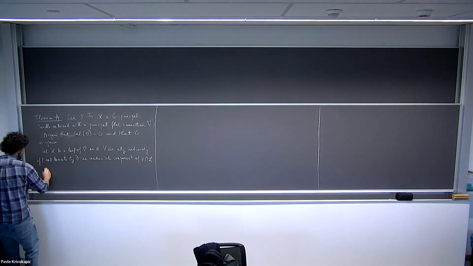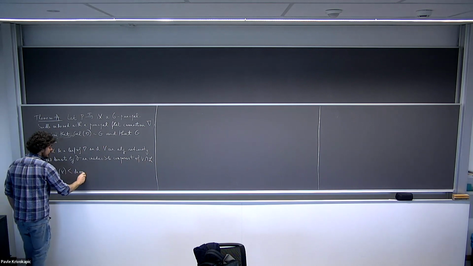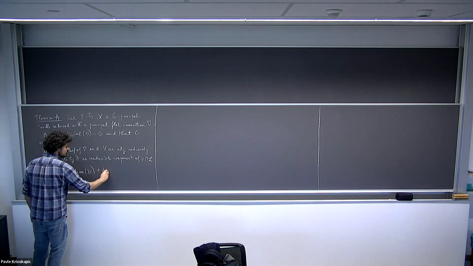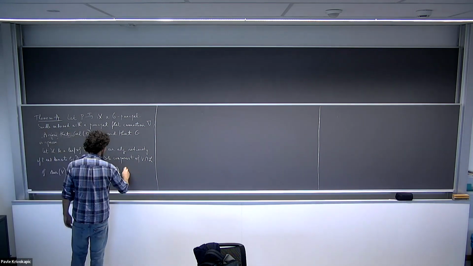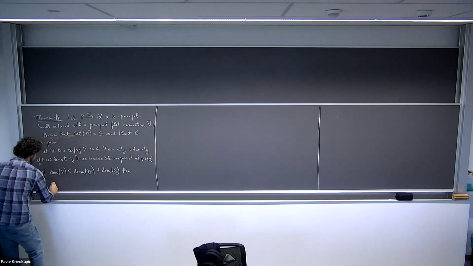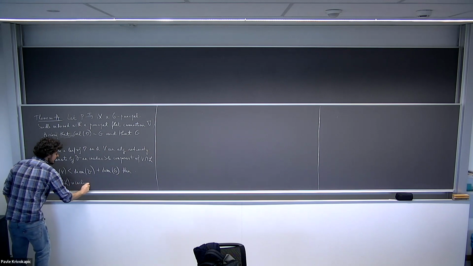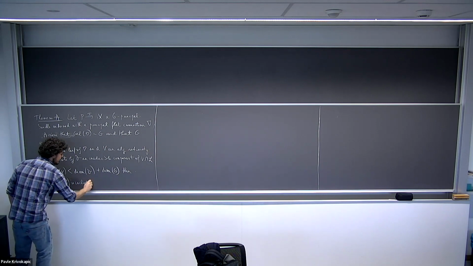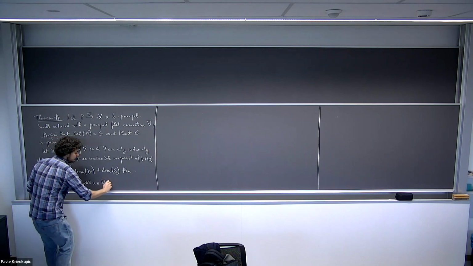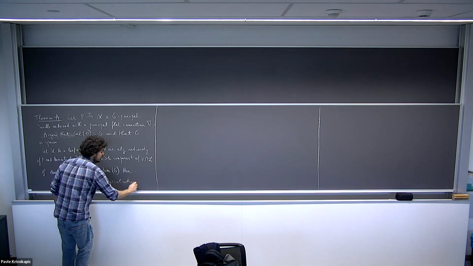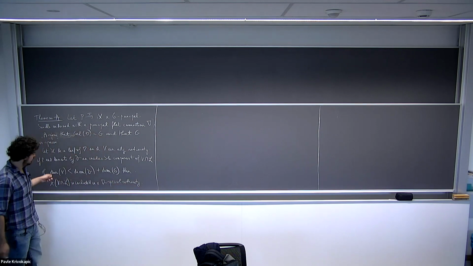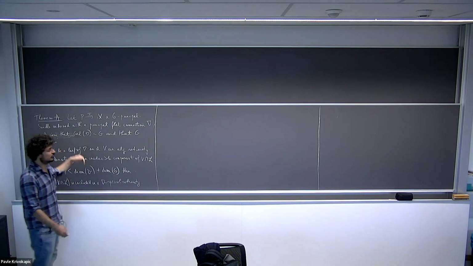If the intersection is bigger than what you expect, this is because something special happens: the projection of V intersected with L is included in a delta special subvariety. So if the intersection is too big, the projection is included in a subvariety so that the Galois group is smaller.